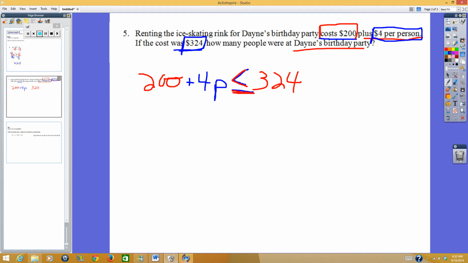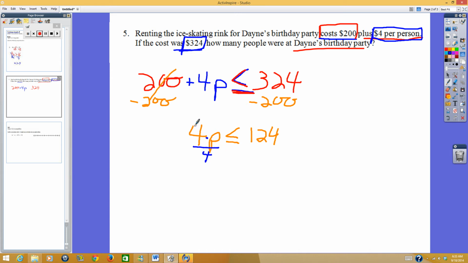Okay, so now you solve your inequality. You look for the thing that's easiest to get rid of, which is this 200. To get rid of it, you do minus 200 on both sides. That's going to leave you with 4p is less than or equal to 124. Now, you need to think about what operation is here near your p, which is times.